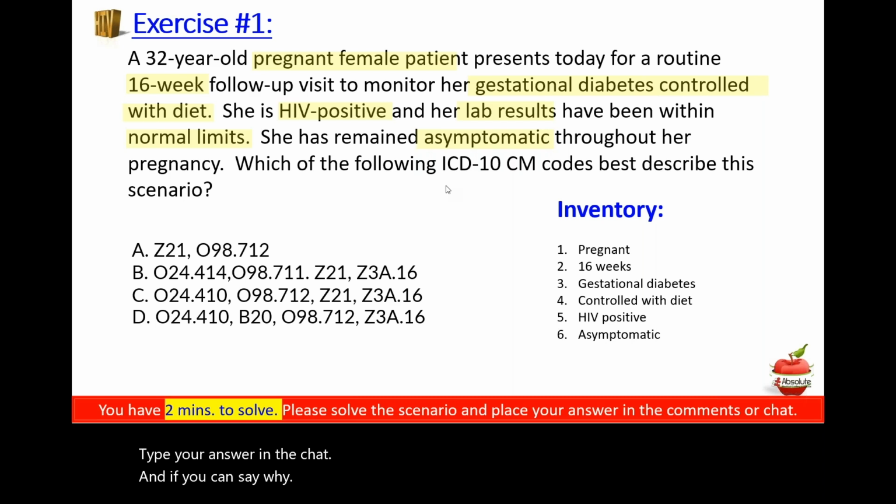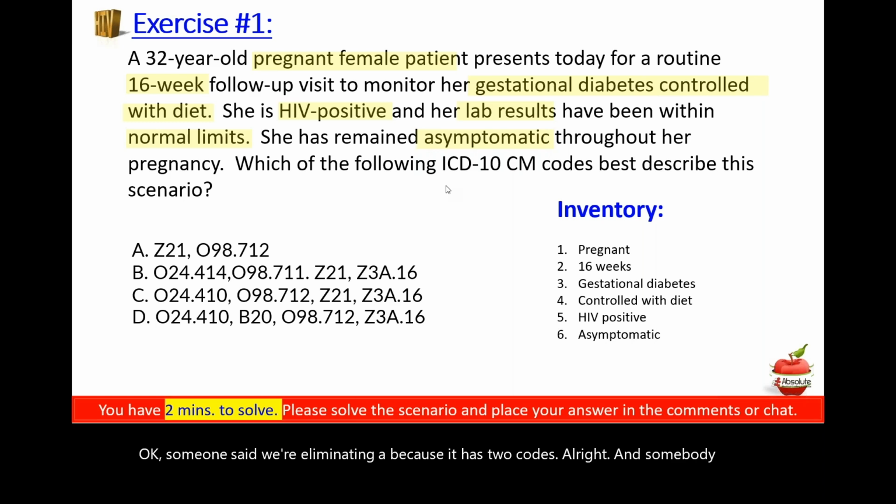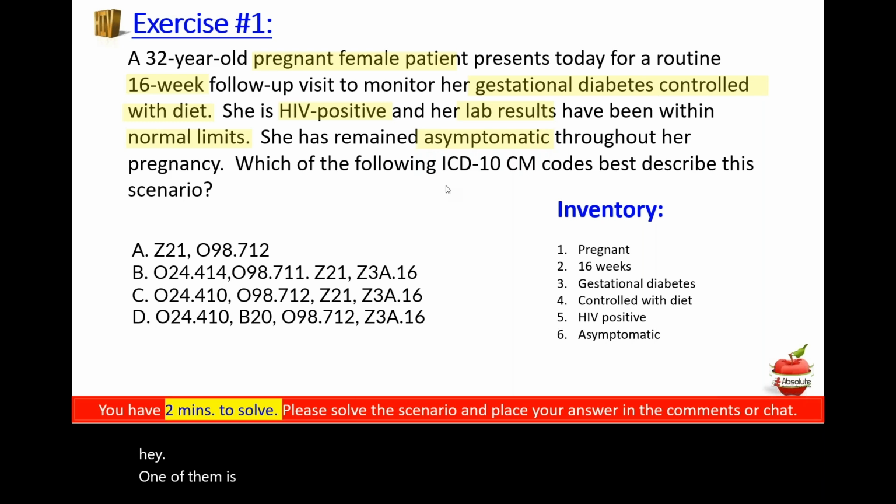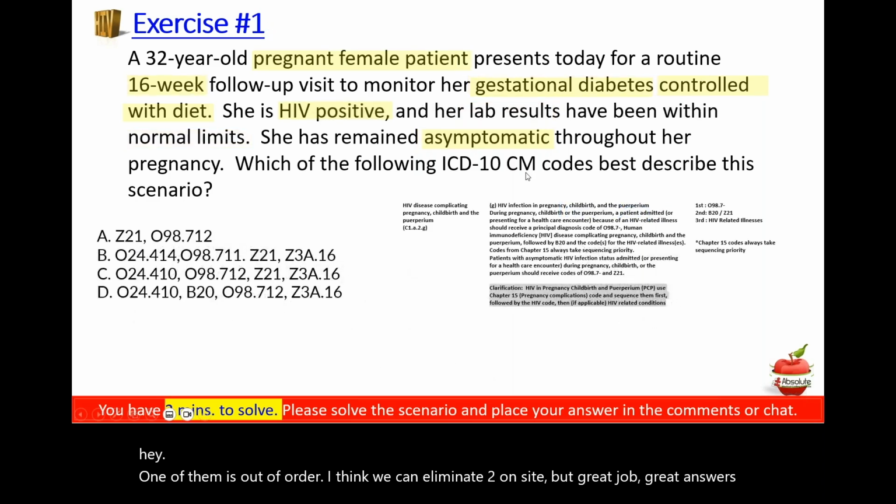Okay, someone said we're eliminating A because it has two codes. Hmm. All right. And somebody said, hey, one of them is out of order. Yeah, I think we can eliminate two on sight. But great job, great answers.